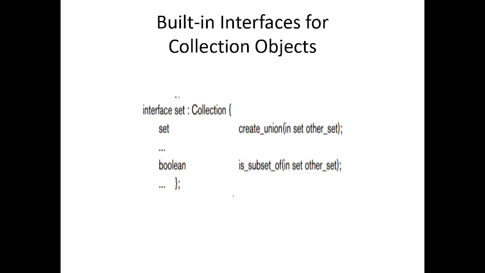This is how they are defined: interface set, and we have collection set, create_union, in set, other set, and boolean is_subset_of. These are operations in set, other set.